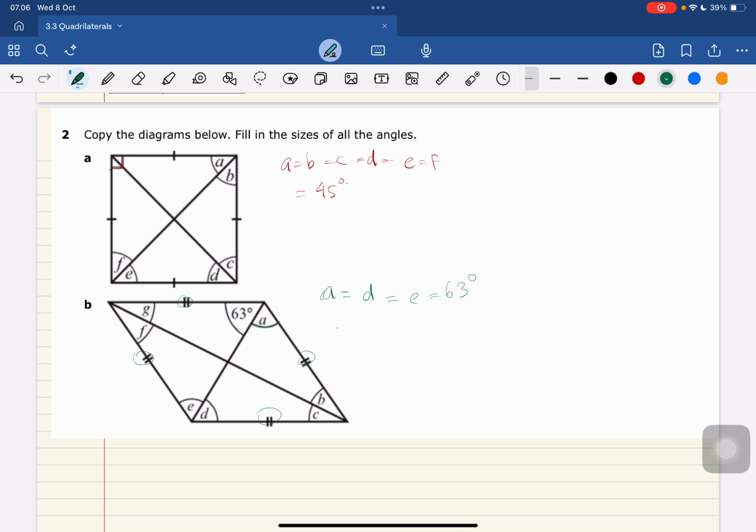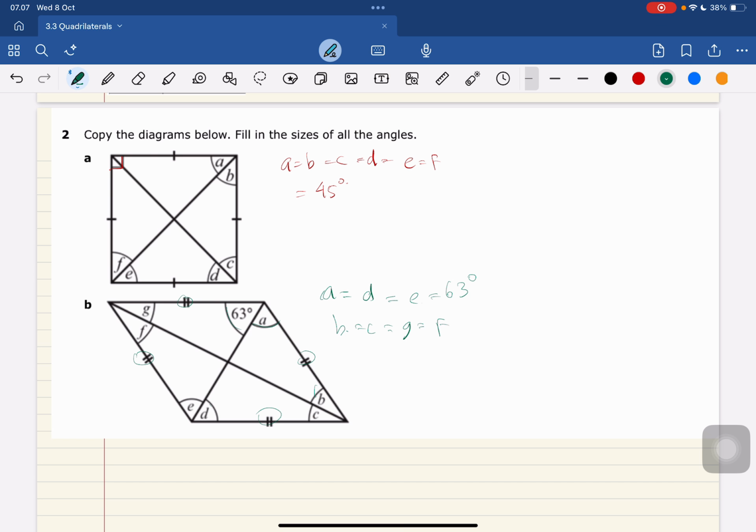Now about B. B must be equal to C. We equal again with G and equal with F.